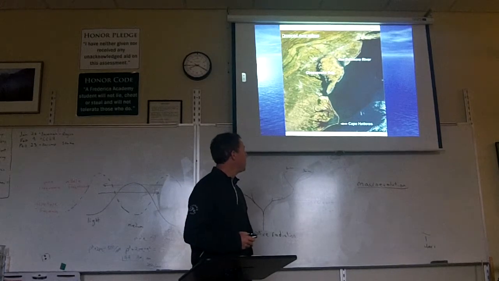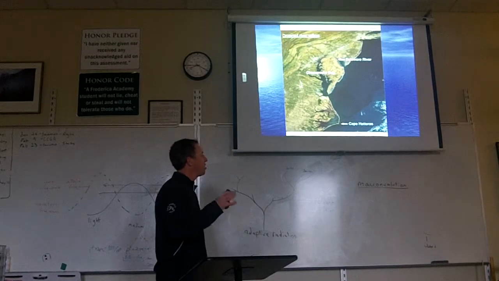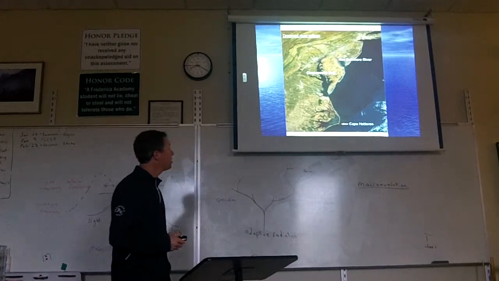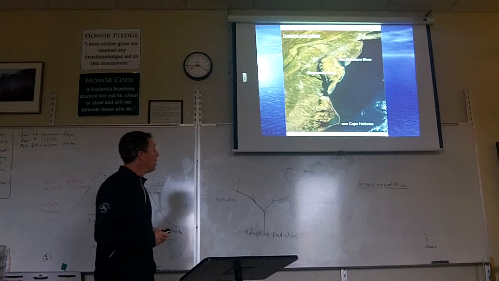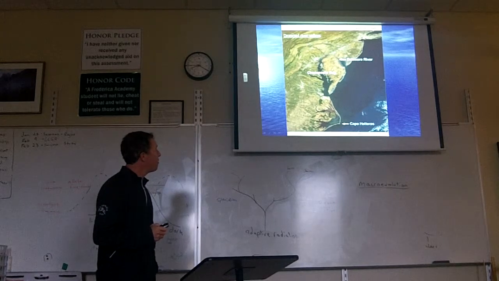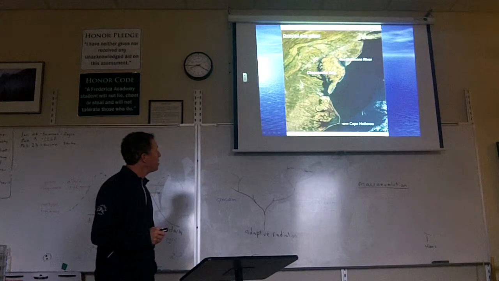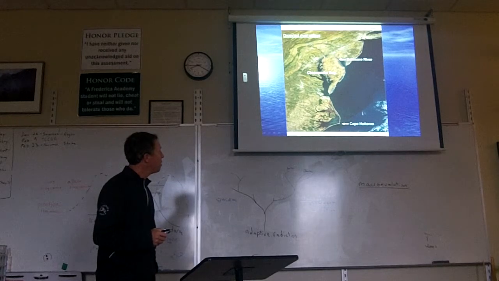There are actually several different types of estuaries. They're classified in different ways. Chesapeake Bay right here is called a drowned river valley. What happened is this is where a river, I guess it's the Chesapeake River, comes out and spills water out into the ocean.